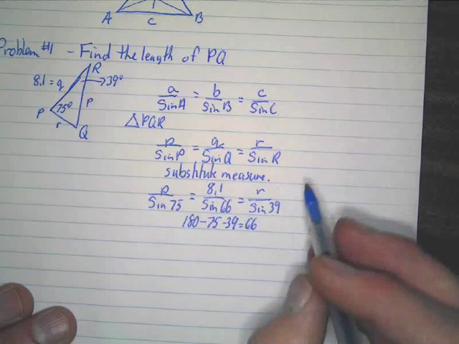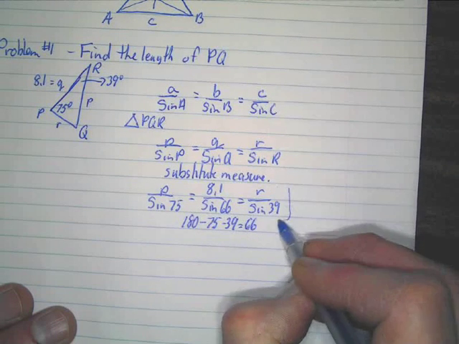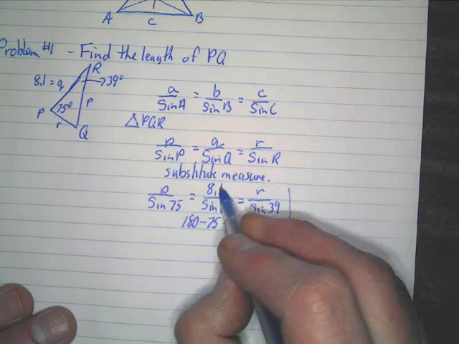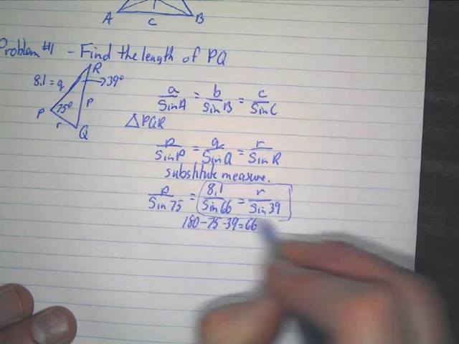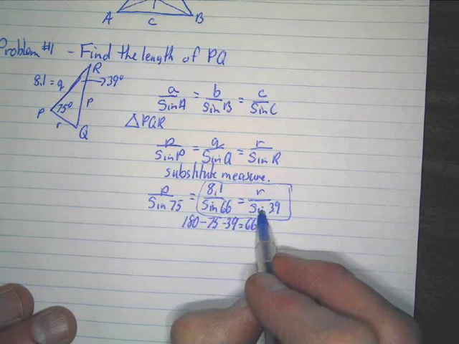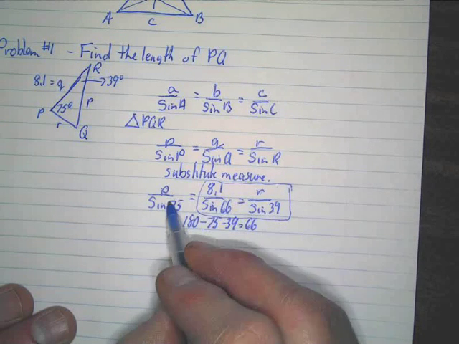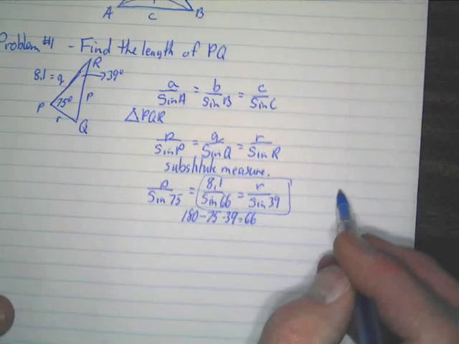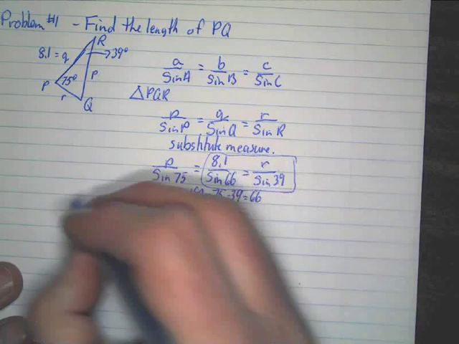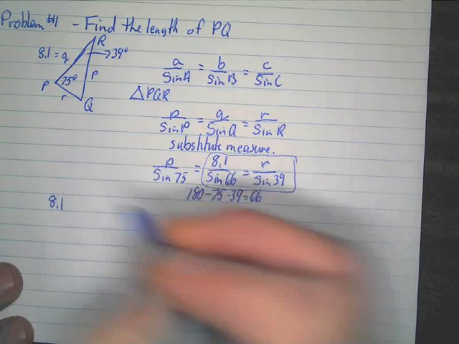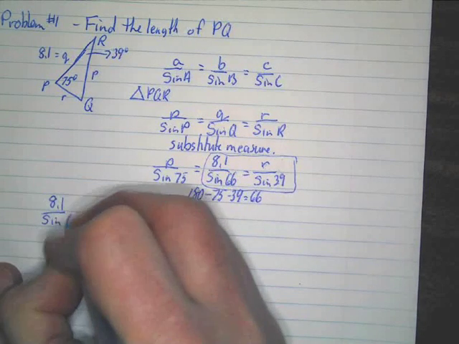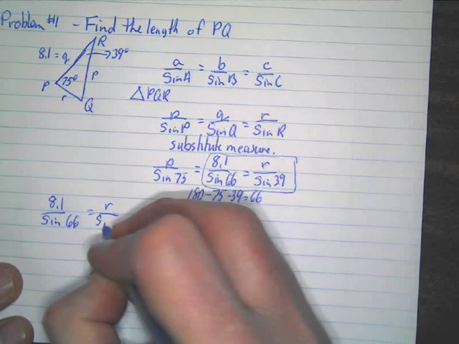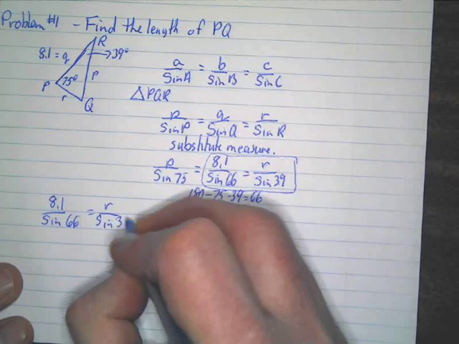So I've got to find r, so I'm going to take any two ratios. Now, because there's a number here, a number there, a number there, I'm going to take these two. It's no good taking these two and these two because there are two variables that are not filled. So I take these two. I then have 8.1 over sine 66 is equal to r over sine 39.